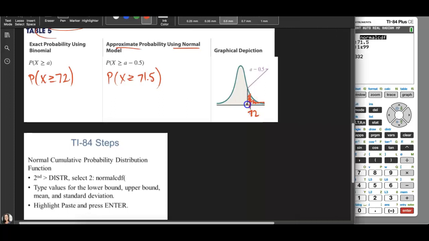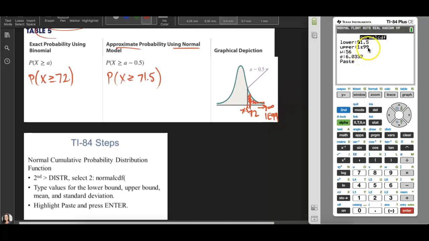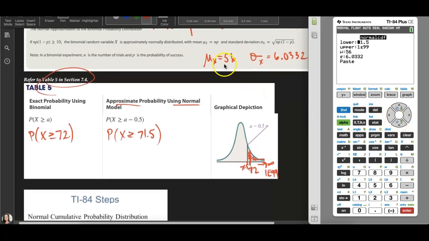And then it goes off into infinity, technically, but our calculator can only go to 1E99. That's the largest number that it can compute with. So that's what I've typed here. And if you recall, that E symbol is right here in blue. And the mean and the standard deviation we found earlier, let me scroll back up, are these two values. I put those in there. And I will just paste this to my home screen.